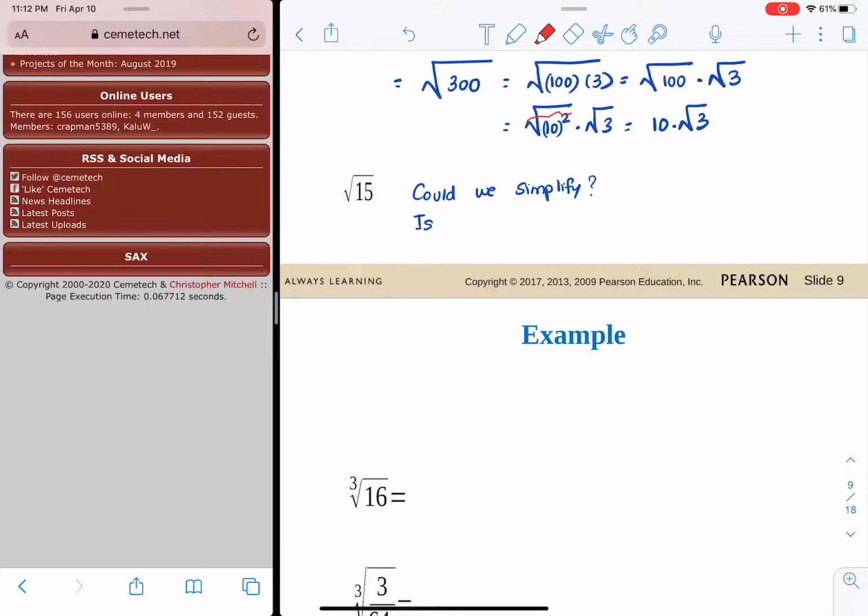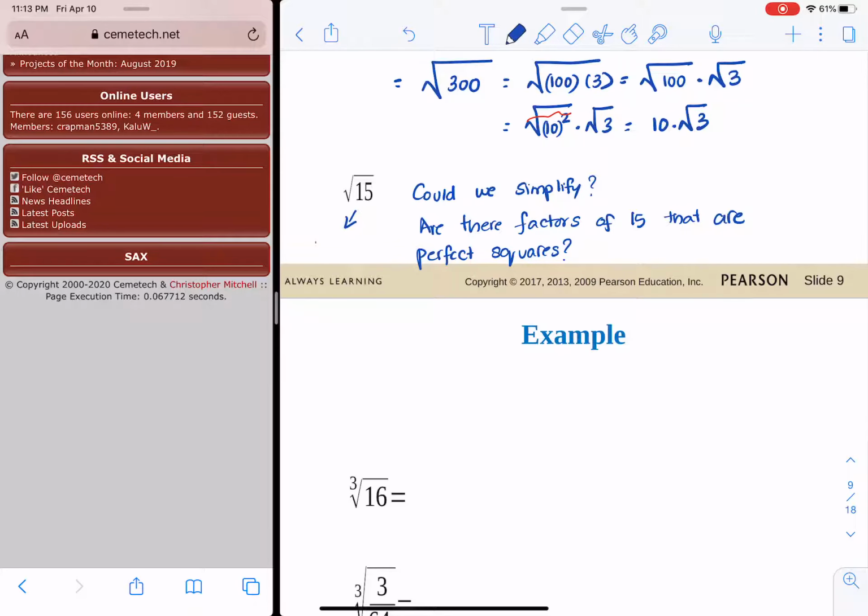Are there factors of 15 that are perfect squares? 15 has factors 3, 5 and 1.